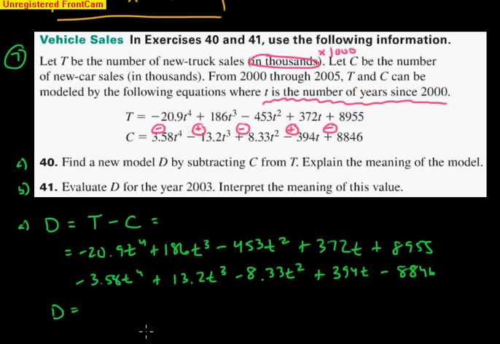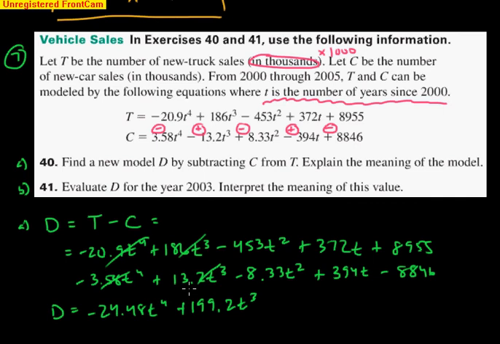And we will combine those with our calculator. So I'll do it with you. So we have negative 20.9 minus 3.58. That's negative 24.48, and that's T to the fourth. 186 plus 13.2 gives us 199.2, and that's T to the third.